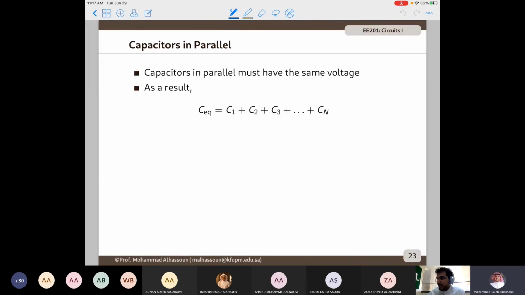For capacitors in parallel, the equivalent capacitance will be the summation of all of them.